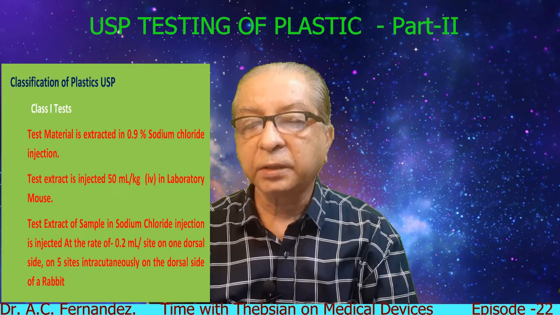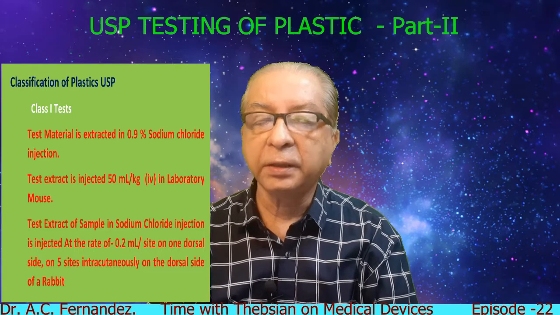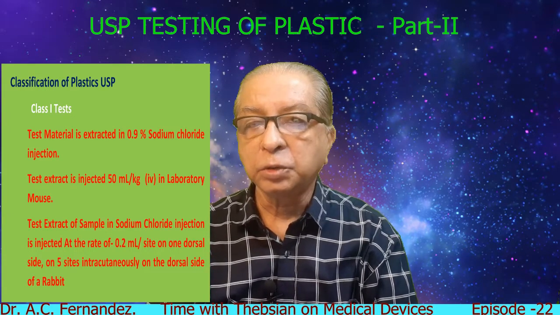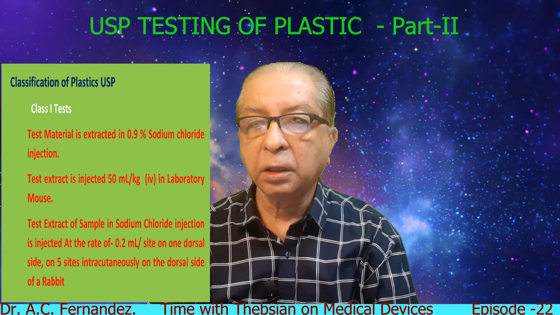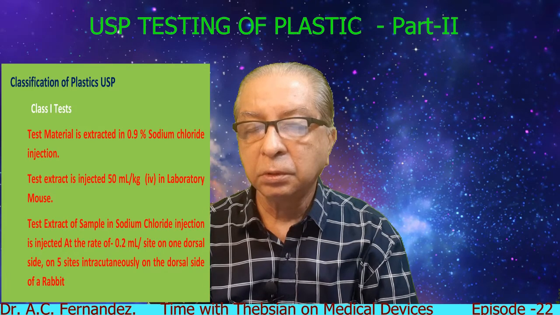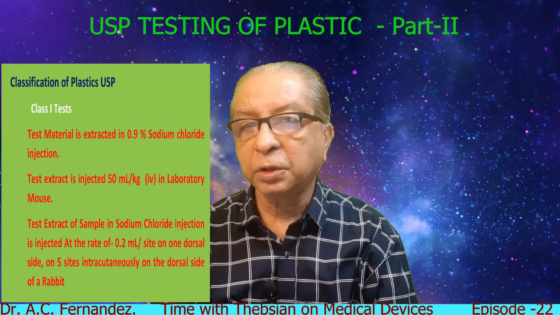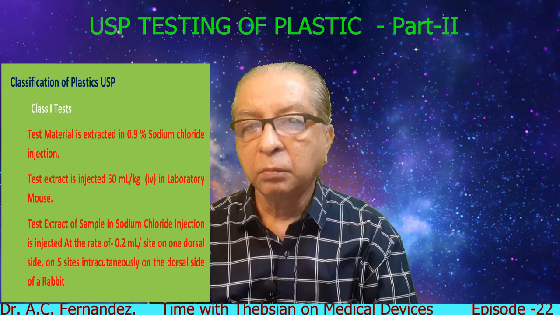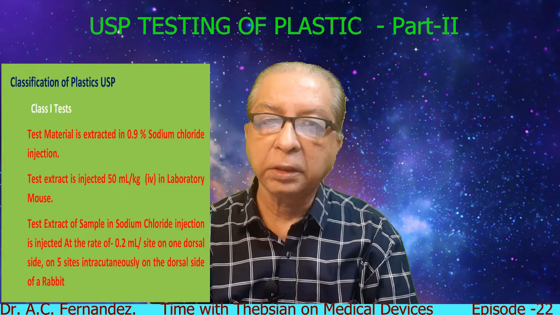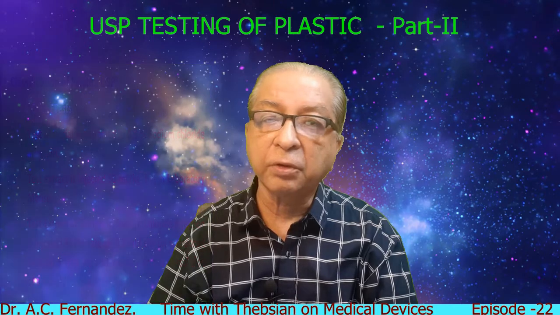Test materials are extracted in 0.9% sodium chloride injection, and they are injected at a dose of 50 ml per kg intravenously into a laboratory mouse, and the same extract is injected intracutaneously on the dorsal side of the rabbit, 0.2 ml per site. They are injected at 5 sites. And at another 5 sites, control injections are given.